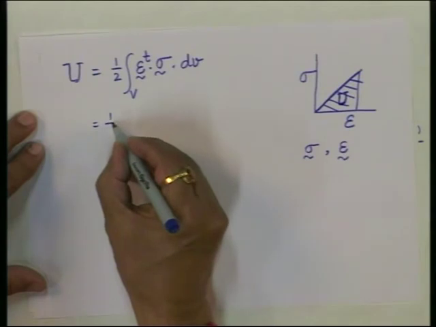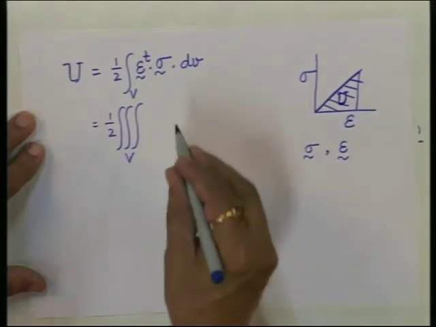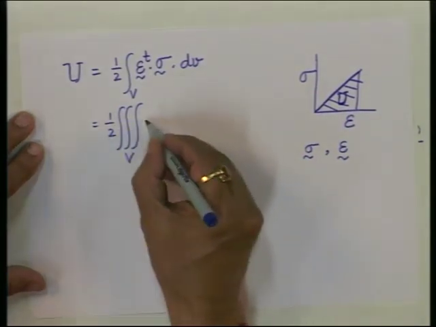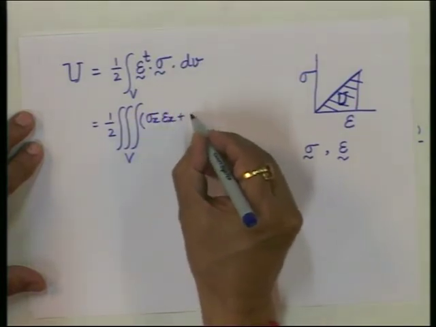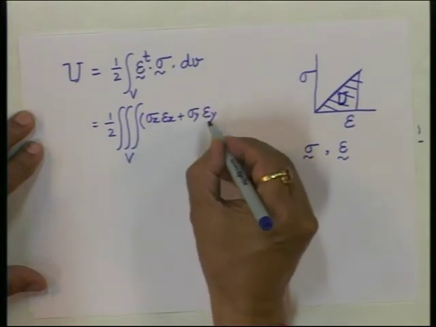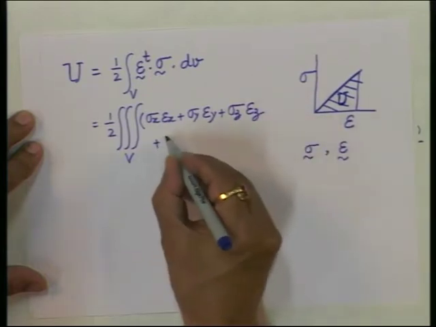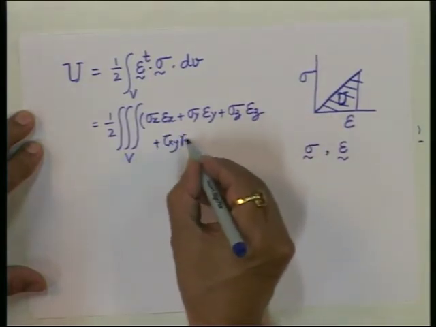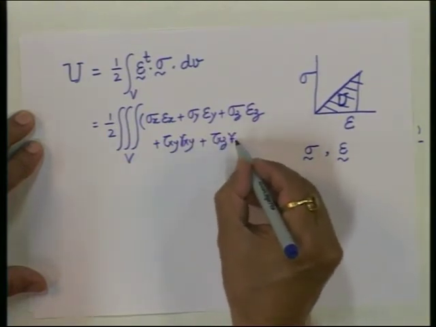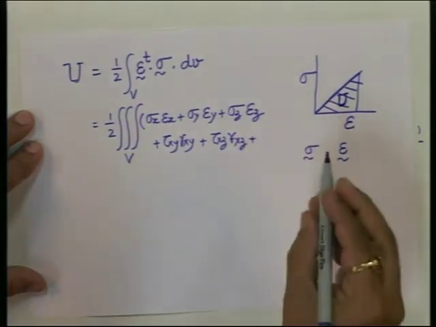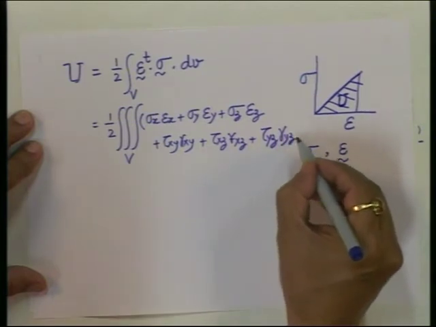Strain energy is given by this. This is a volume triple integral. So, it will be half is already there outside. So, it will be, for example, sigma x epsilon x, sigma y epsilon y, sigma z epsilon z, tau x y gamma x y, tau x z into gamma x z, plus tau y z into gamma y z.